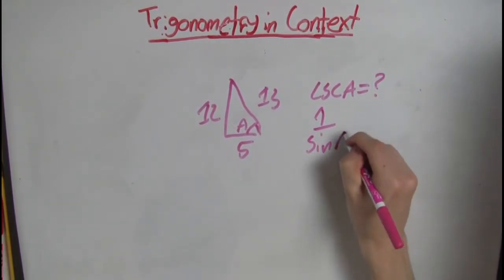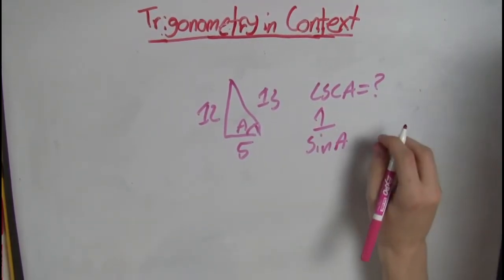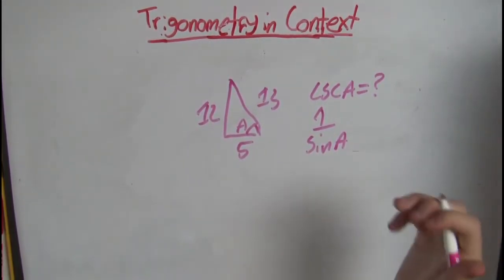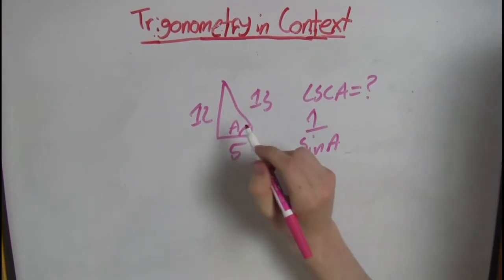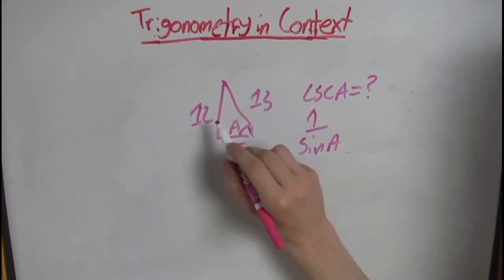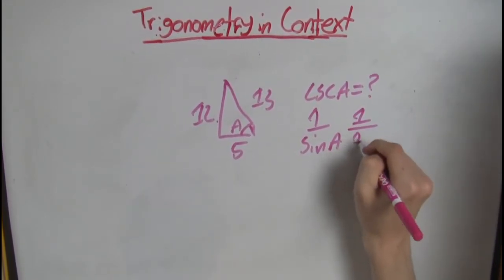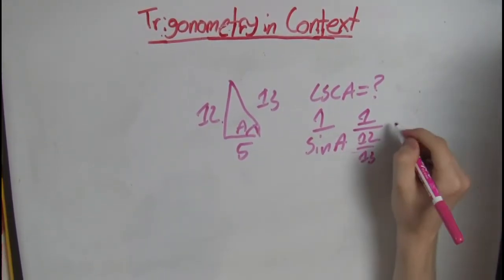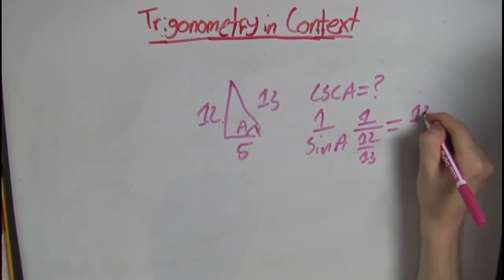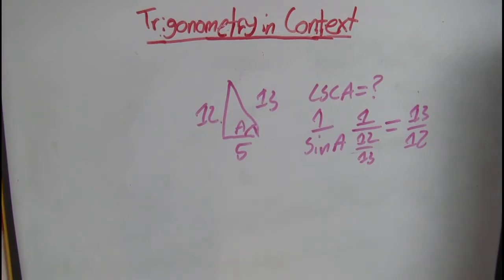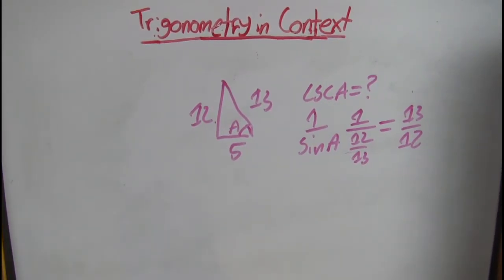So what I'm really asking is, what's 1 over the sine of angle A? So I have to find the sine of angle A. The sine is opposite over hypotenuse, right? The side opposite A is 12. So that's 1 over 12 over 13, or 13 over 12.